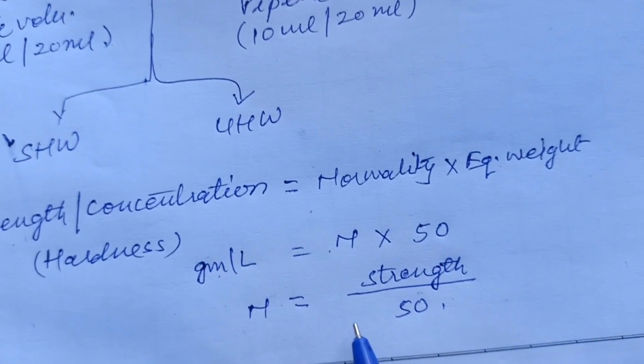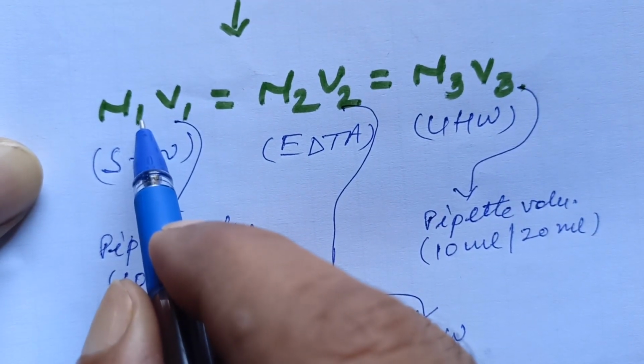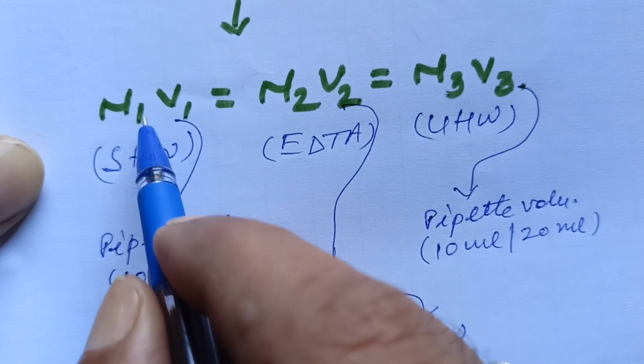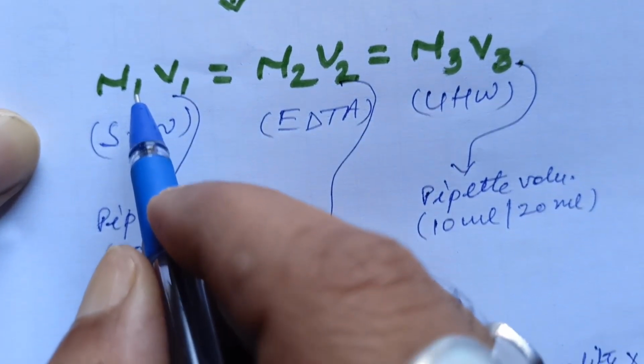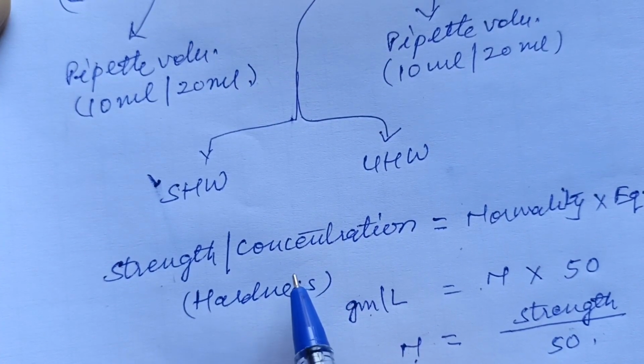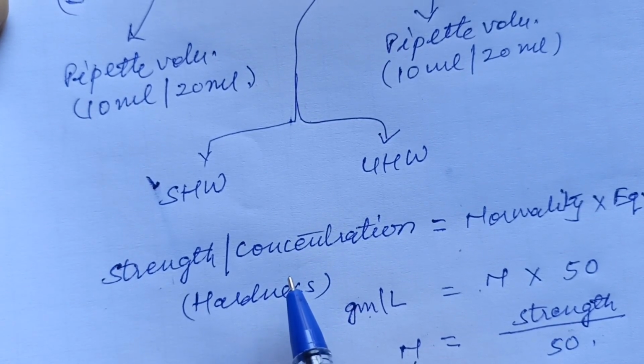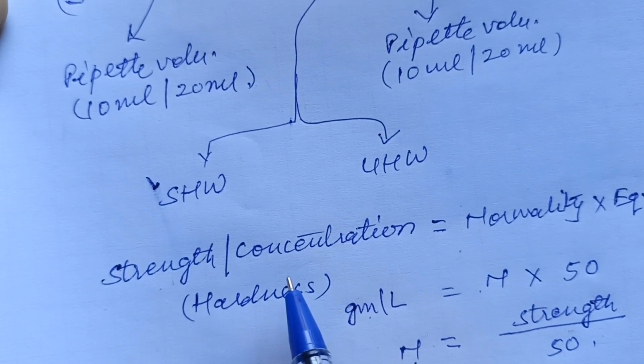So you can calculate N1 if it is not given directly as normality, but rather in the form of strength or concentration.